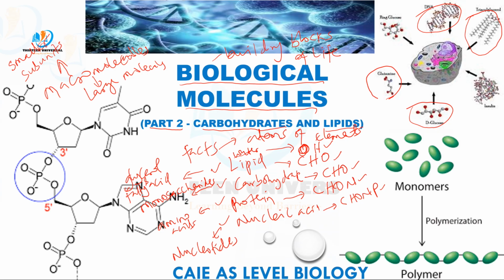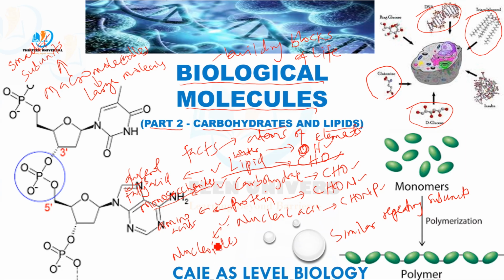Some of these macromolecules are made up of similar repeating subunits. For example, carbohydrate is made up of monosaccharides, which are similar and repeating. Proteins are made up of amino acids, which are similar and repeating.